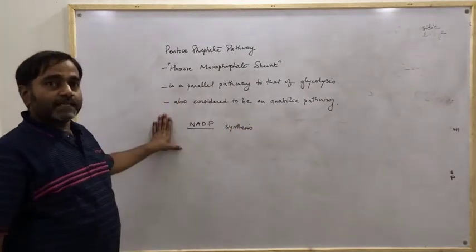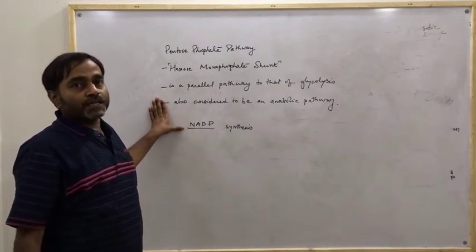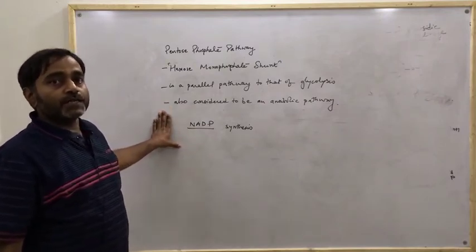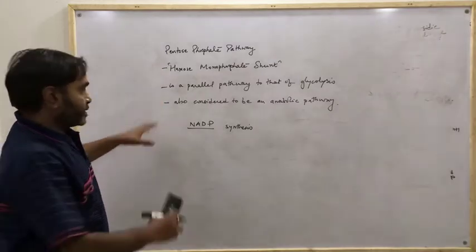The other thing is that here precursor molecules like ribose sugar are synthesized, which is used in nucleotide synthesis, or you can say the synthesis of nucleic acids.